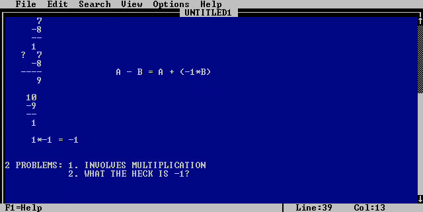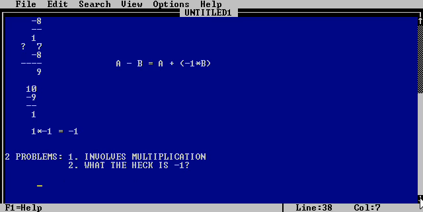Well, it turns out that both of these problems have a very simple solution. They can be solved very, very easily. And I'm going to tell you right now. I guess I might as well just tell you how to do it, because it's so easy.